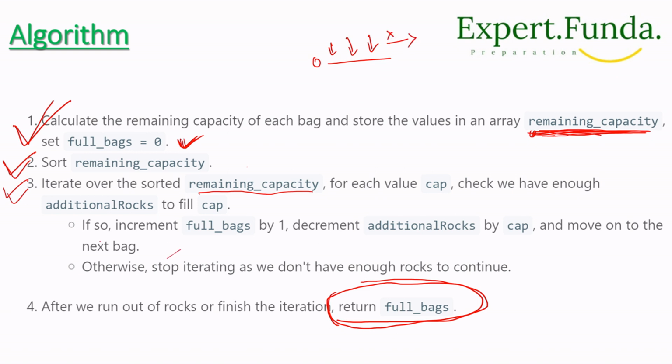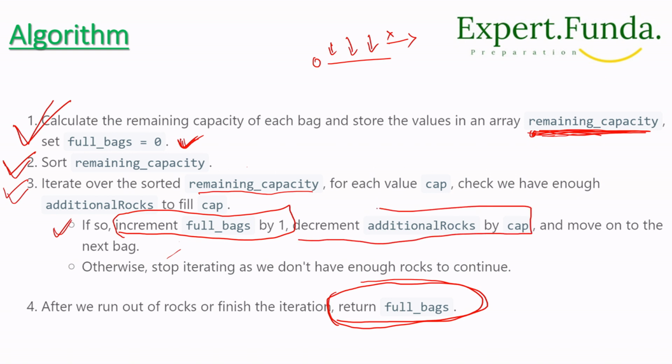If so, we increment full bags by 1, and decrement additional rocks by the capacity. Whatever the capacity will be, we have to do plus plus here, and minus minus here, right? And then we have to move on to the next bag, otherwise we will stop the iteration if we don't have additional rocks, right? We will do break here.